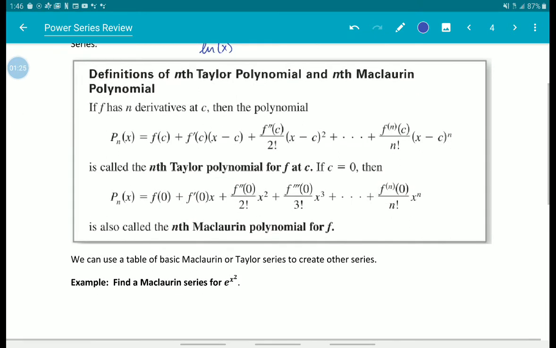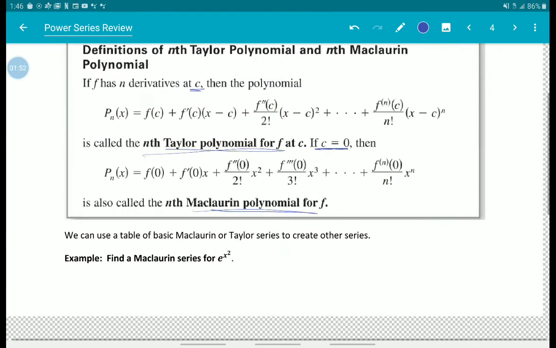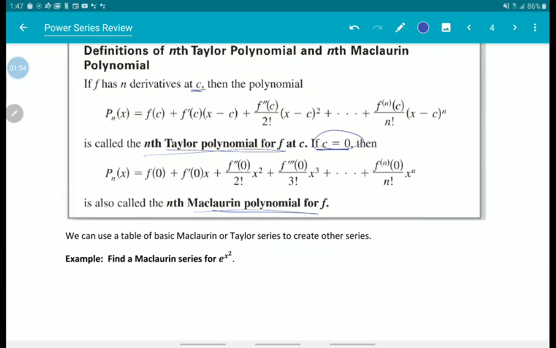So remember the difference between Taylor and Maclaurin. Maclaurin series are always going to be centered at 0, whereas a Taylor polynomial is going to be centered at some value called c. And what we can do is create this Taylor polynomial and write out a few terms in that polynomial, and it's going to be a really nice approximation for whatever that curve is around the center.